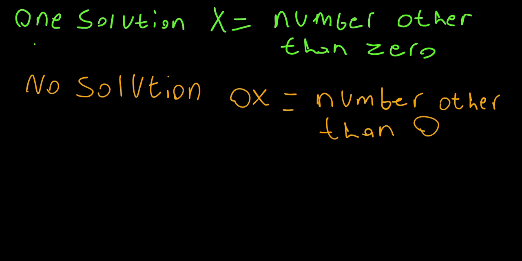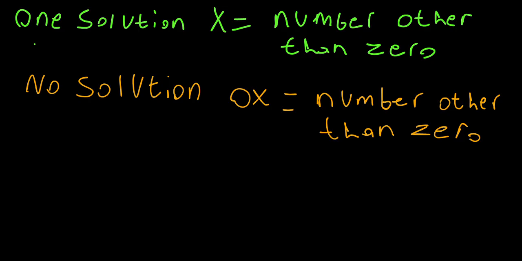And let's write that as the word 0 for clarity's sake. And why does that make sense? Well, think about this. 0 times any variable, any x you put in there, is going to equal 0.